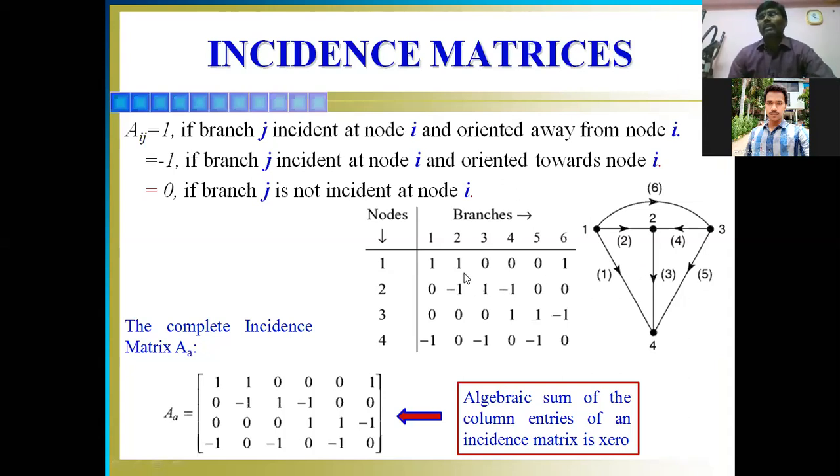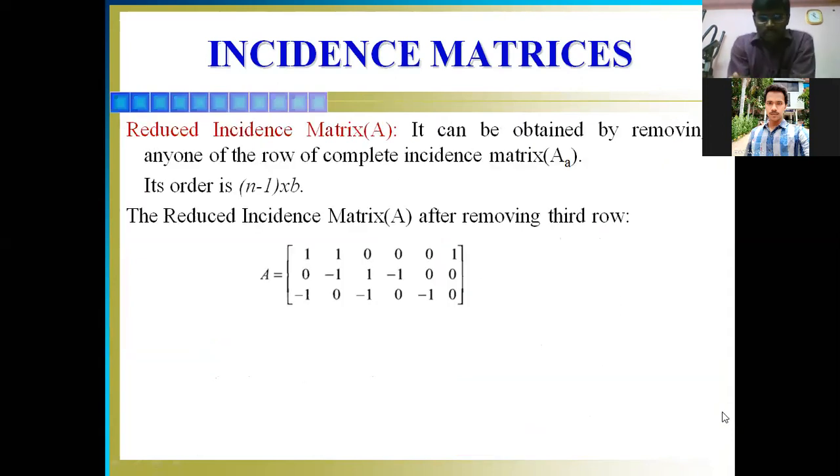So if you apply KCL at the 4 nodes, you may get this matrix. You may check later at your home. You just simply apply KCL, what I applied right now. Then you can check this after getting the incidence matrix. Then the reduced incidence matrix can be obtained by removing any one of the rows of the complete incidence matrix.